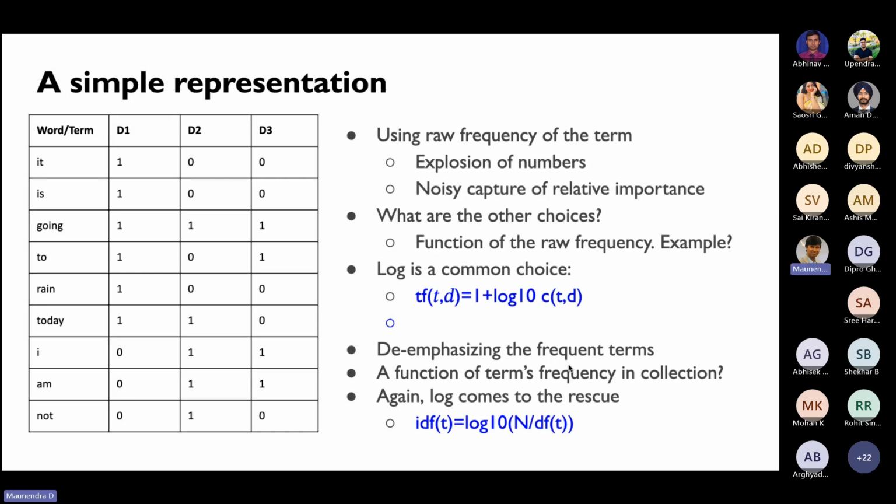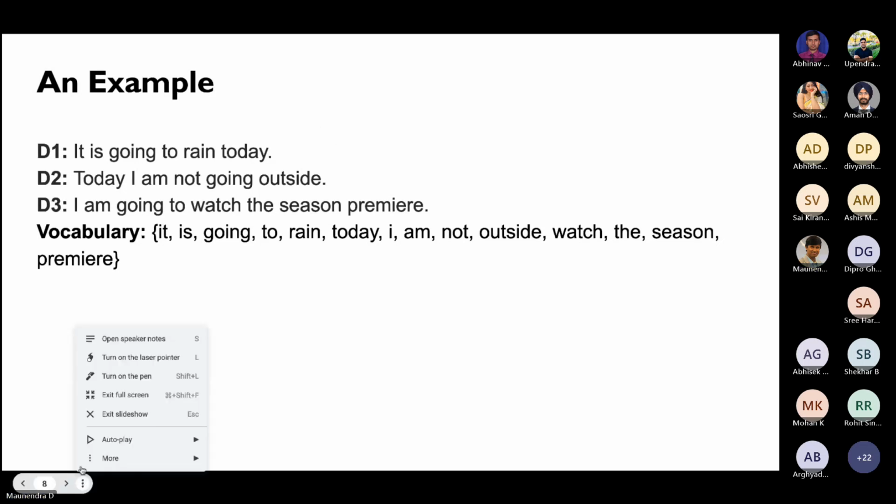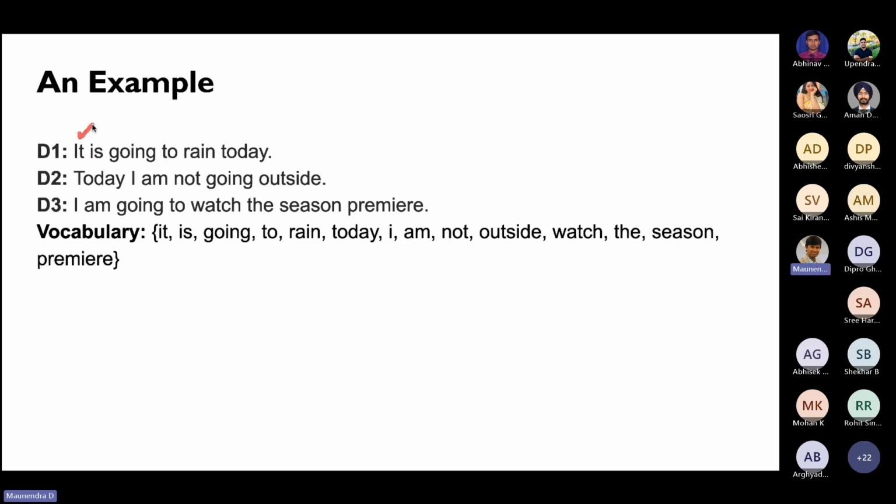So what they said is that instead of having in the vocabulary only the terms which are present in the document, we can also use pairs of consecutive terms. So for example, say we said it is a term which will be there in the vocabulary.